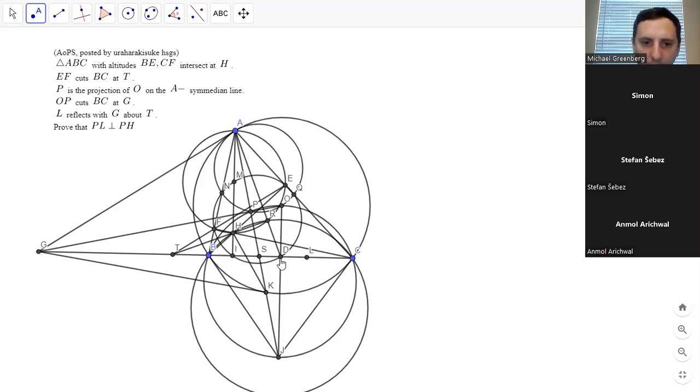DC squared or DB squared is DS times DG. Is that true? Yeah, that is true. Okay. So yeah, we might be able to calculate PG from that.